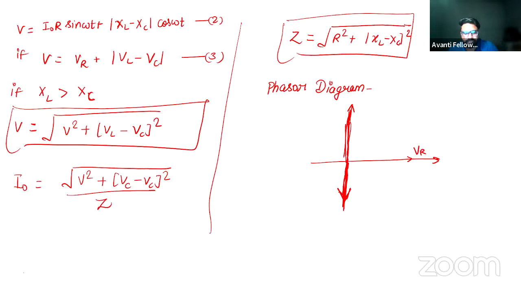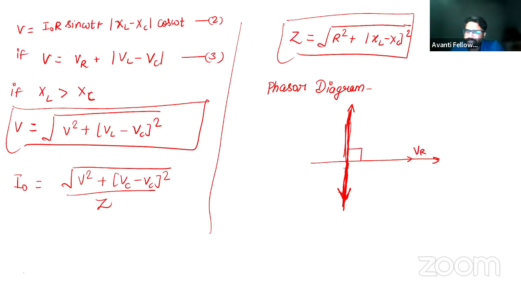Let me just clarify this statement. तो ये थोड़ा उल्टा हो गया। यहाँ पे जो voltage है, जो कि voltage across the inductor है, will lead by 90 degrees.